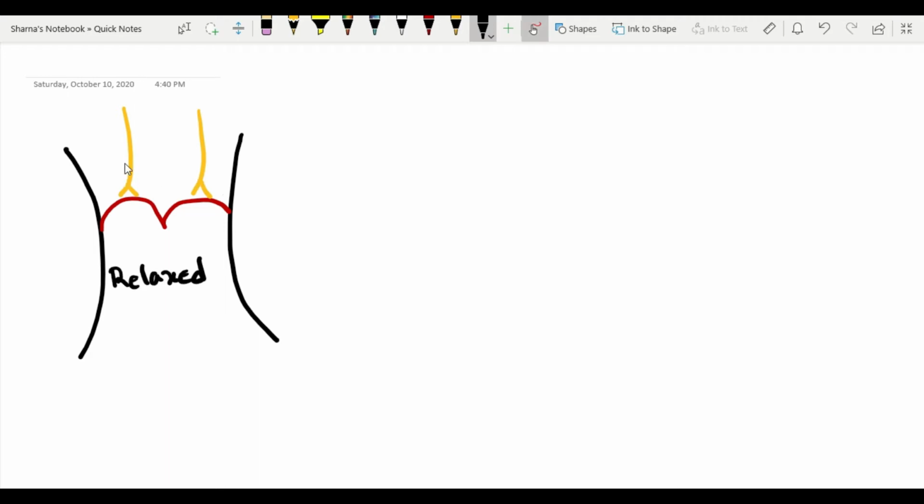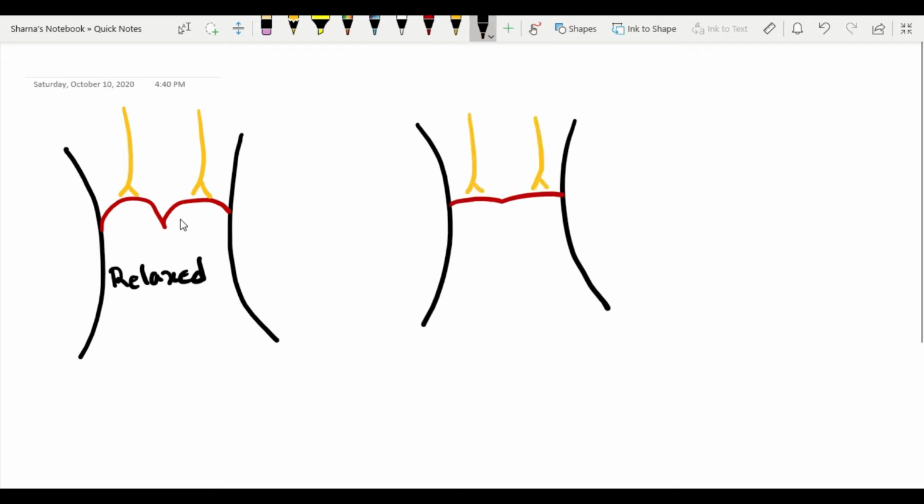Now, if the phrenic nerves stimulate the diaphragm, then it will contract, and when the diaphragm contracts, it becomes flattened and goes a little down. So this is the contracted state. You can see this is the relaxed state when the diaphragm is dome-shaped and in the higher position, and when it is stimulated by the phrenic nerves, it contracts, becomes flattened and goes a little down, as I've said earlier.